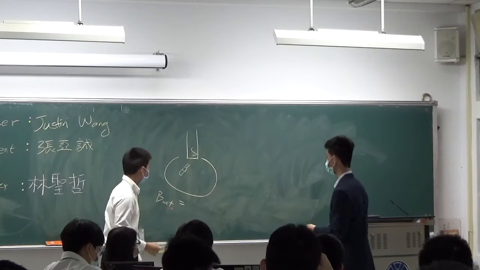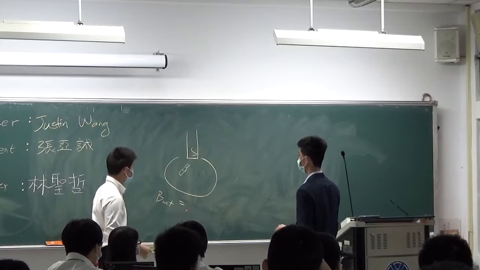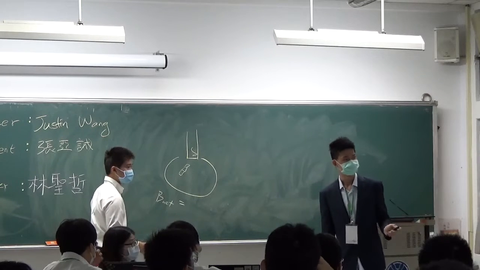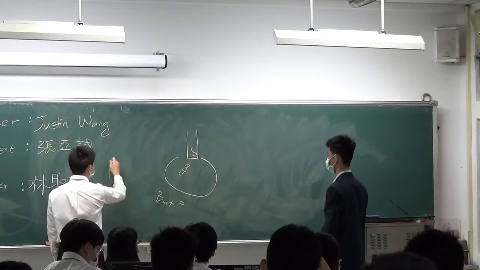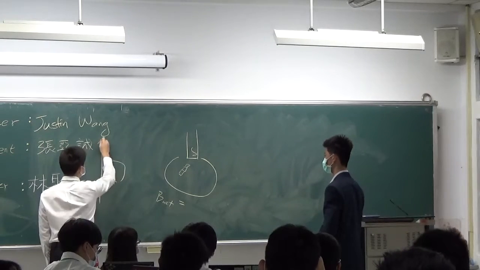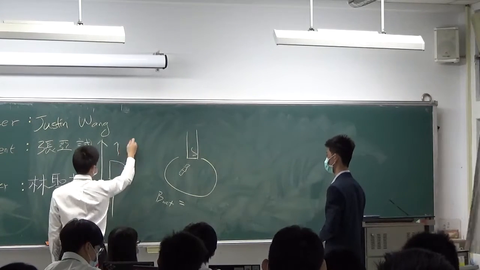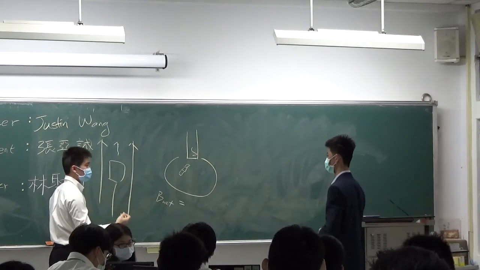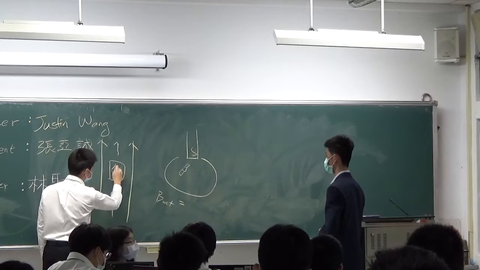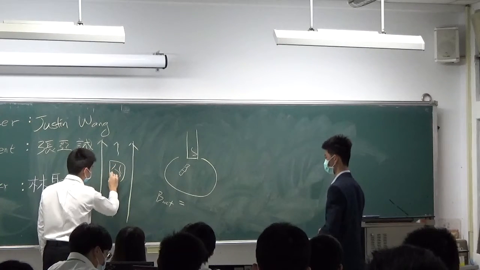Wait, I don't understand. How is this caused by the change in B net? Can you explain again? Right, so for each particle, this is your external magnetic field. And then each particle, because of its ferromagnetic properties, each of its domains will align like this, right? Yes.